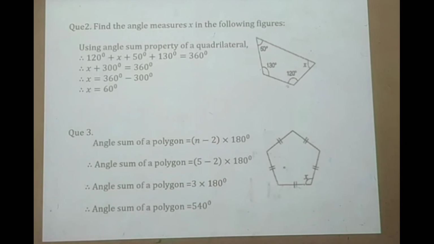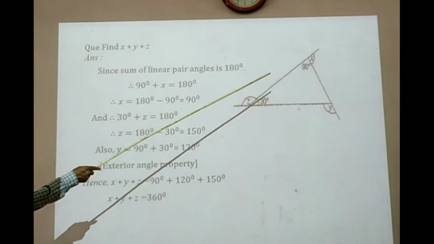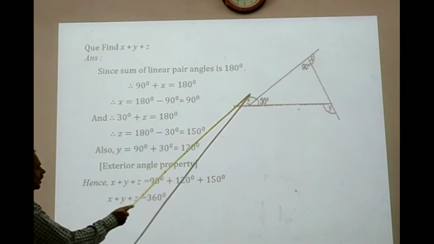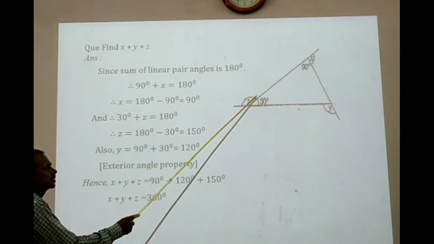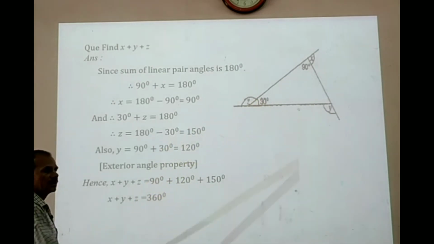And the next one, find x, y, z. Here we use the linear pair of angles. The sum of adjacent angles forming a linear pair, a straight angle, is 180 degrees.